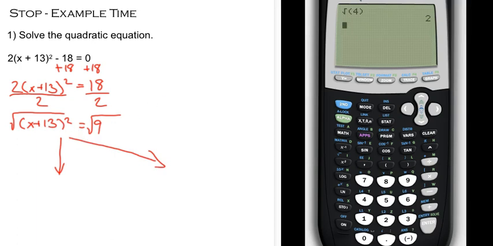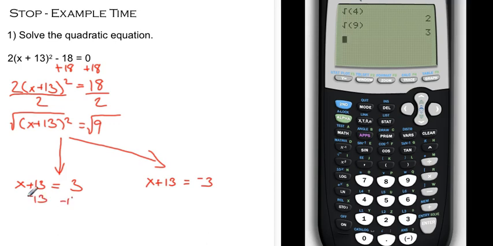I can find the square root of 9 on my calculator. The square root of 9 is, of course, 3. And so what I can say is that the square root of x plus 13 squared, well, that could be x plus 13, and it could be positive 3, the principal square root, or it could be negative 3. And now I have to solve both of those.